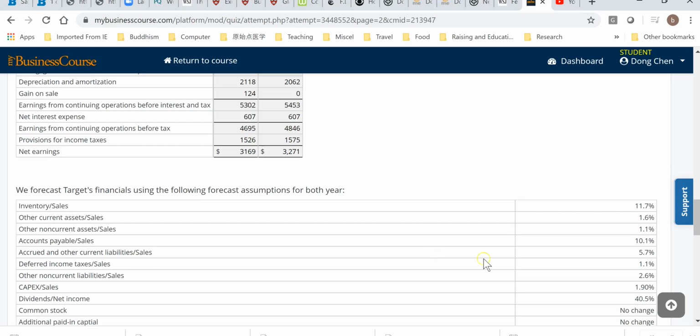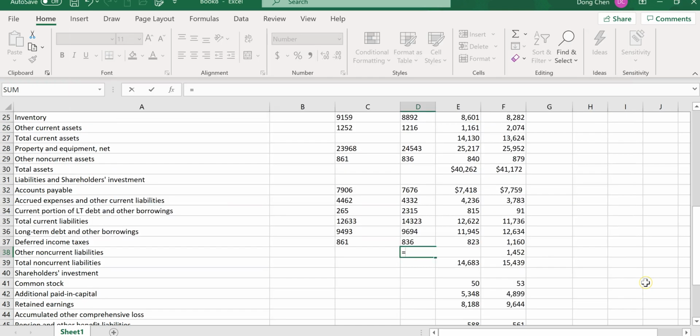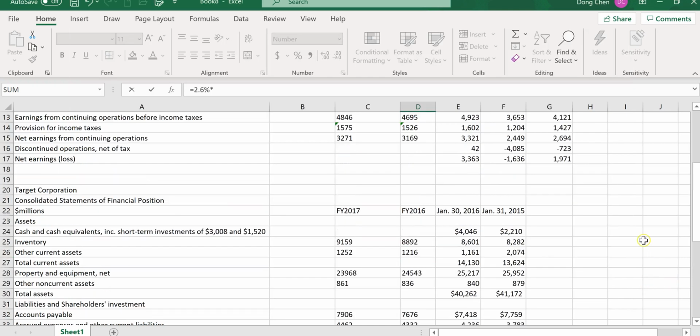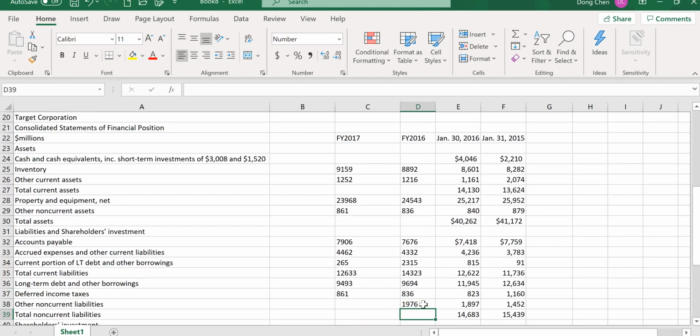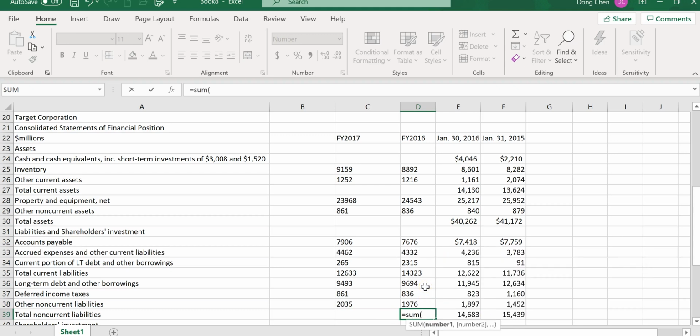And then the total non-current liabilities is basically the sum of the three items.